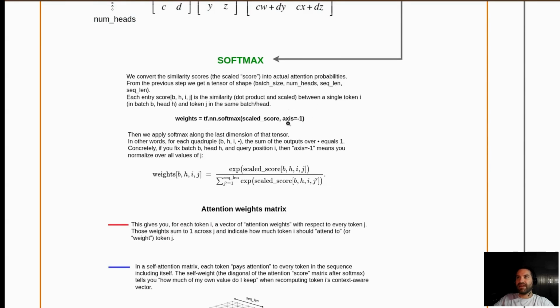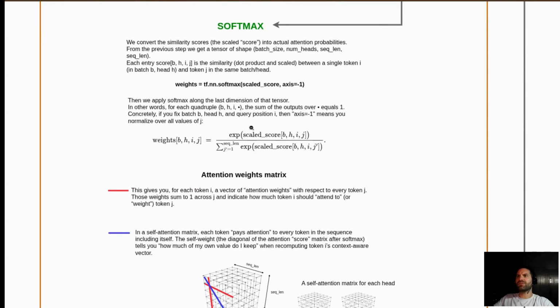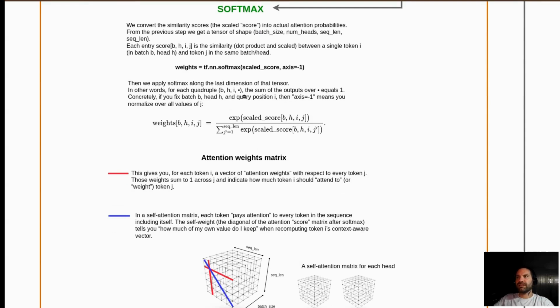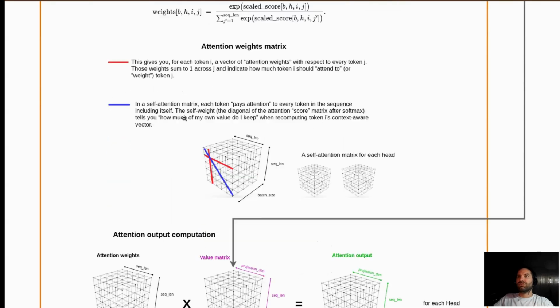That's why we apply axis -1. In other words, for each triple BHI, the sum of the outputs over J equals 1. Concretely, if you fix batch B, head H, and query position I, axis -1 means you normalize over all values of J. Those weights sum to 1 across J and indicate how much token I attends to token J.